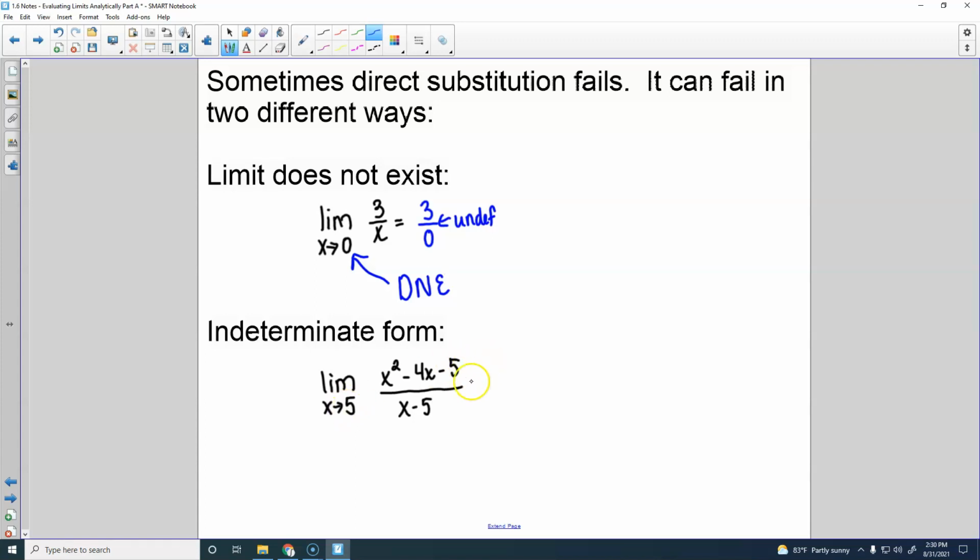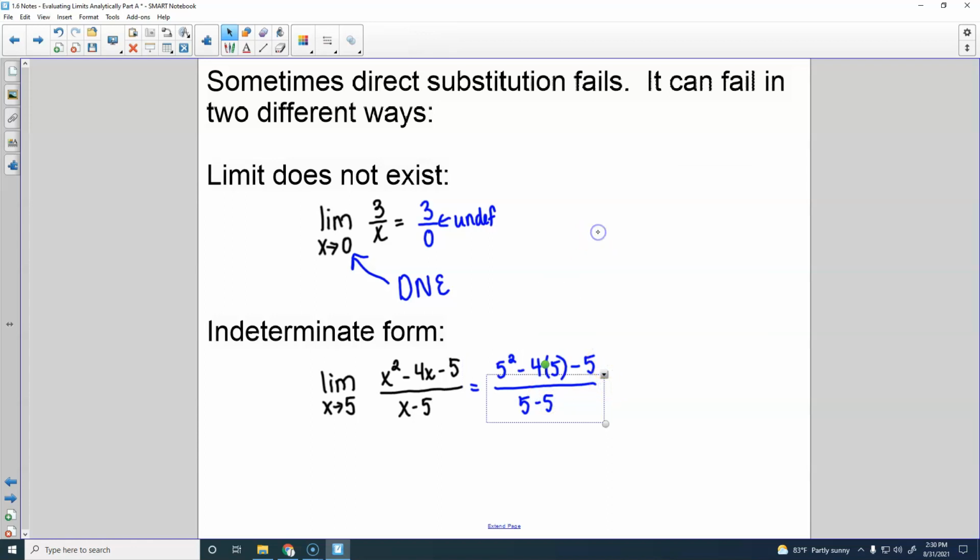So, I'm going to plug in 5 here. So, I'm going to have 5 squared minus 4 times 5 minus 5 over 5 minus 5.